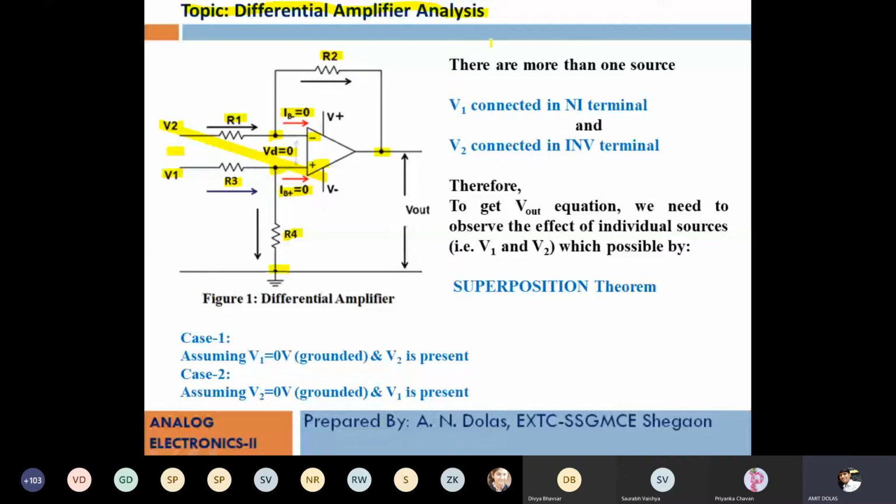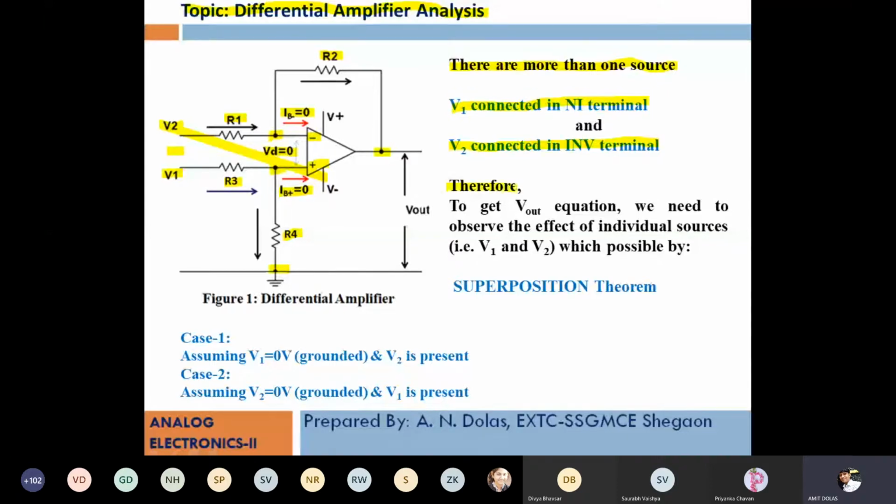In the analysis of this circuit, there is more than one source. You can see here, we are not using only V1 or only V2. There are two sources: V1 is connected to the non-inverting terminal of this circuit, and V2 is connected to the inverting terminal of this circuit.